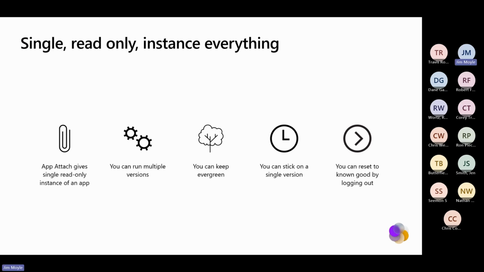When I think about essentially any kind of end user computing, what I'd like to see really is a single read-only instance of everything. So if you want to have consistency in your environment, if you have compliance or regulatory requirements, if you want a supportable environment, then consistency is key.